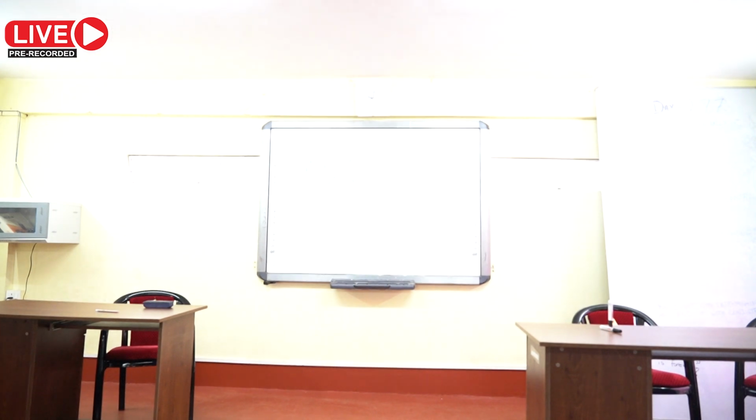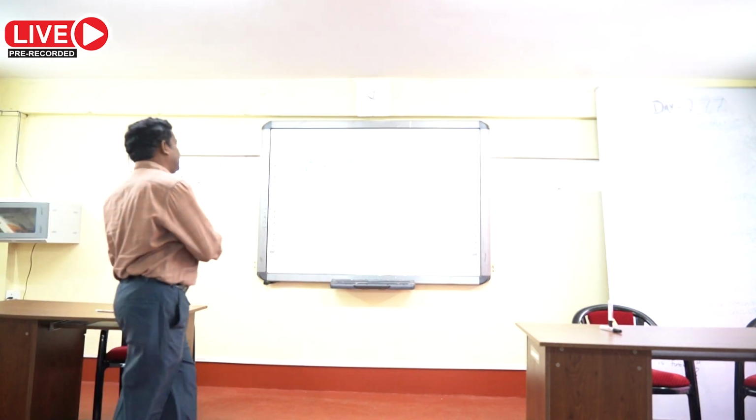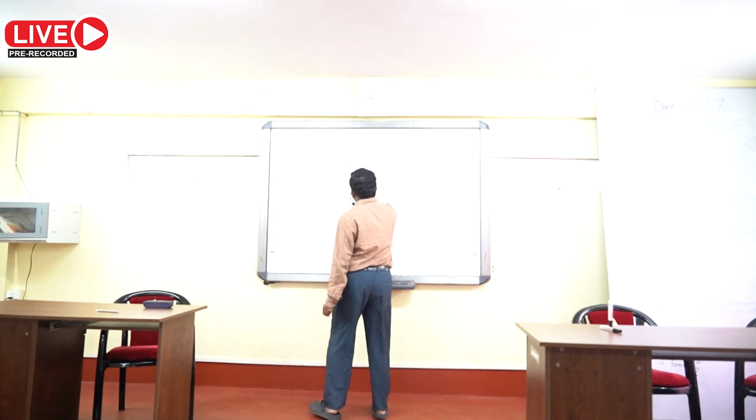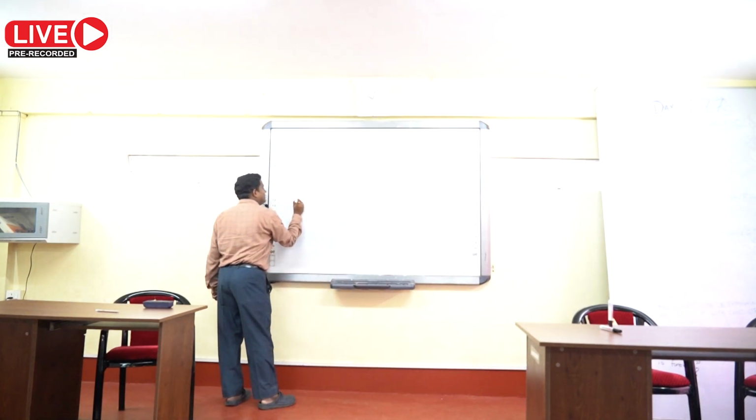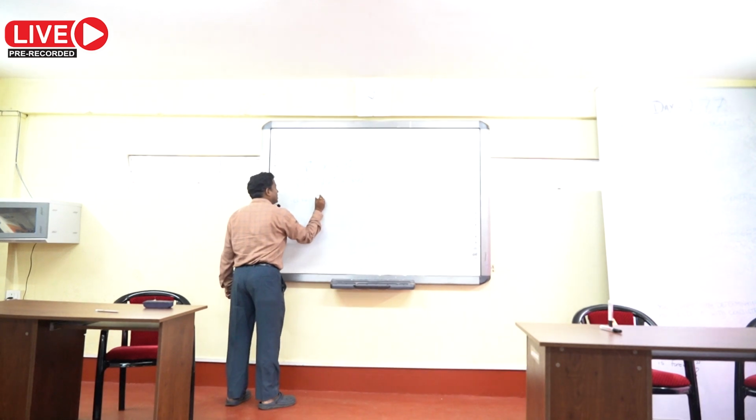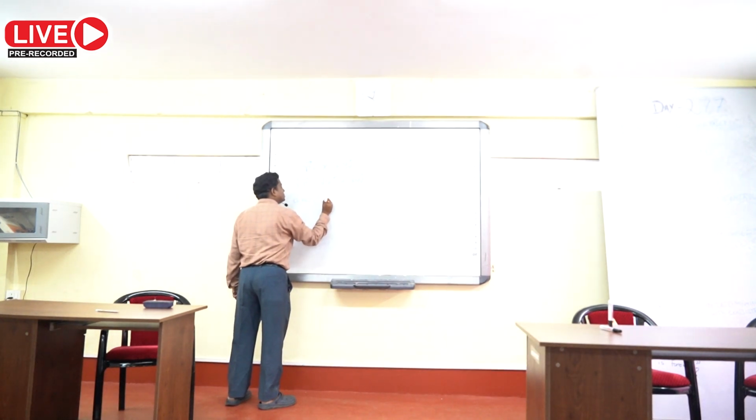Now similar to F into dx, what we have to do is F into dr, but that should be a dot product, because the other day I discussed that work done is defined by F dot s. So now you have to calculate F dot dr. So first write dW, dW will be equal to F dot dr.